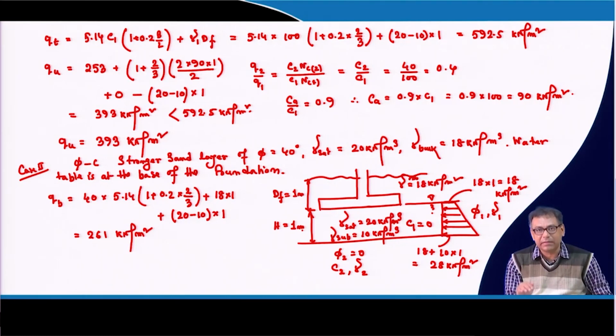That means it is at the base of the foundation, because our foundation base is also 1 meter below the ground surface. So the unit weight throughout the soil is not the same, because above the water table we have to consider the bulk unit weight, and below the water table the saturated or submerged unit weight. That is why we have to calculate this passive pressure or force first, then put it into the equation. So, let us derive that equation first if the unit weight is not the same.